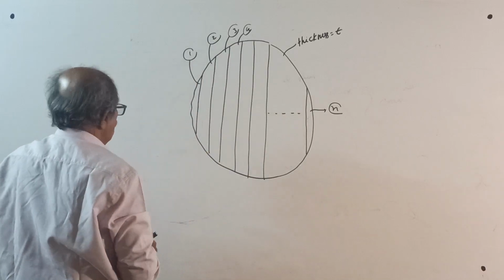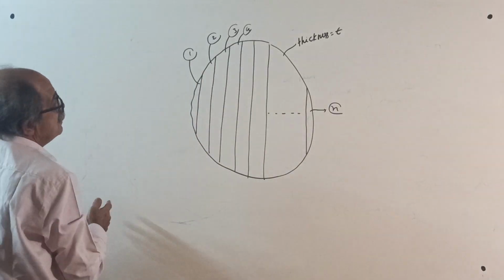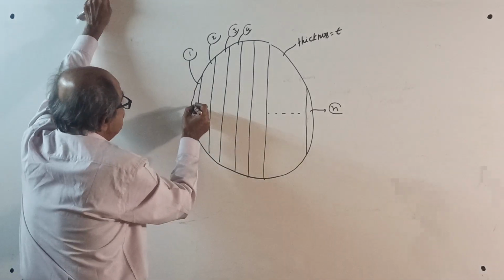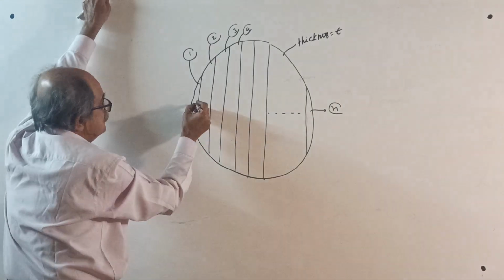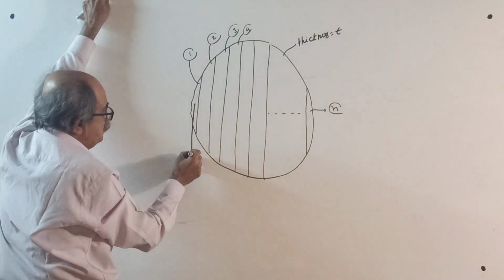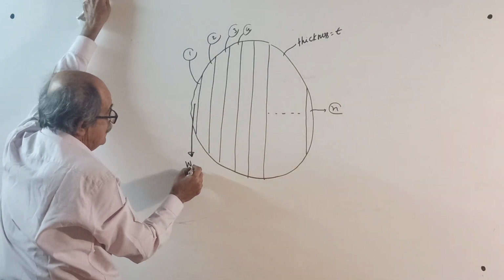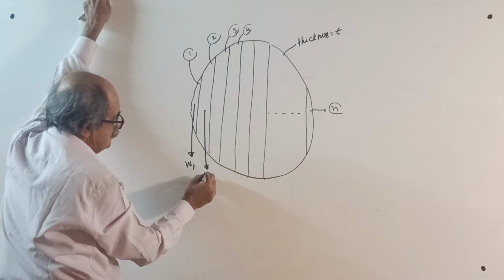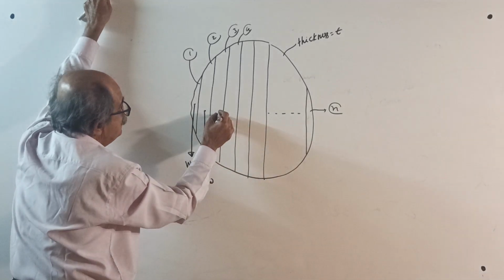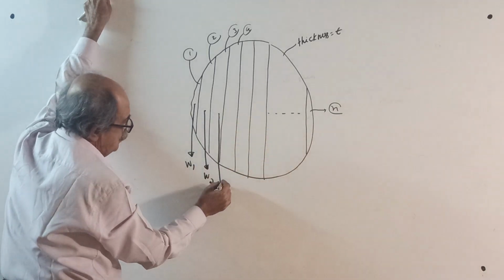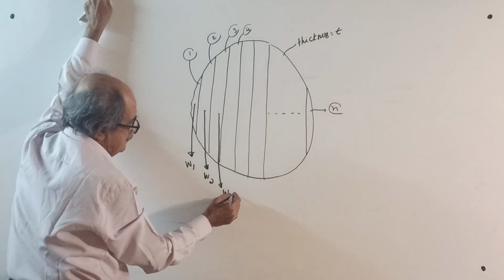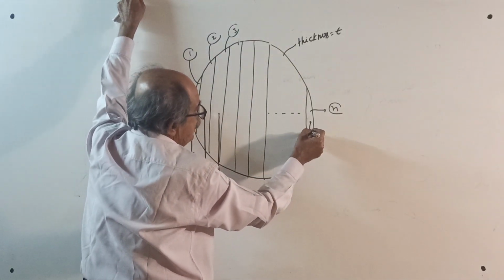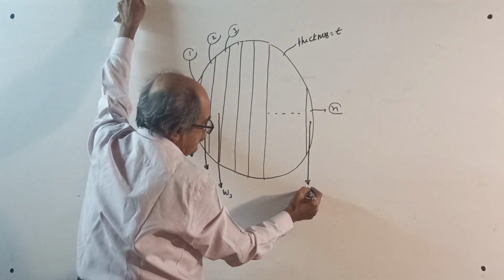How many parts, we do not know. Now let the weight of each part, acting vertically down, somewhere here, be W1. Let the weight of part 2 be W2. In the same way, this weight vertically down is W3. Actually 1, 2, 3 is sufficient, and so on, up to this weight, Wn.